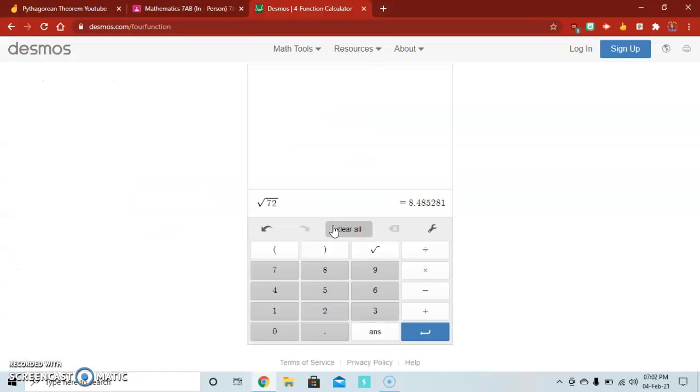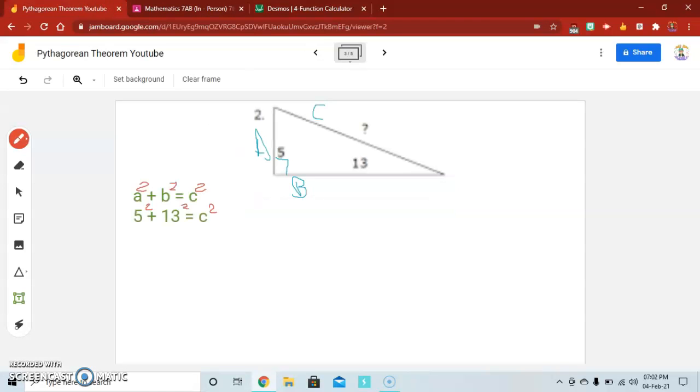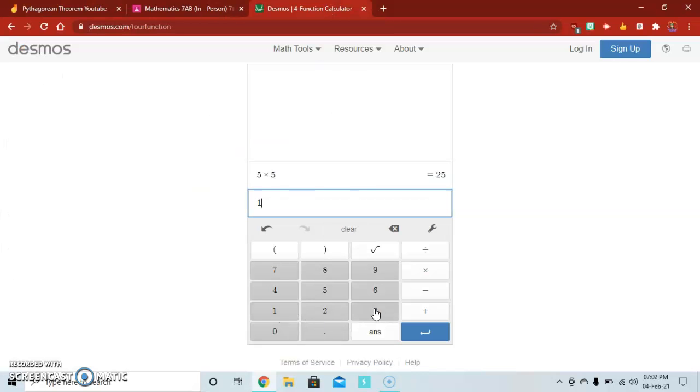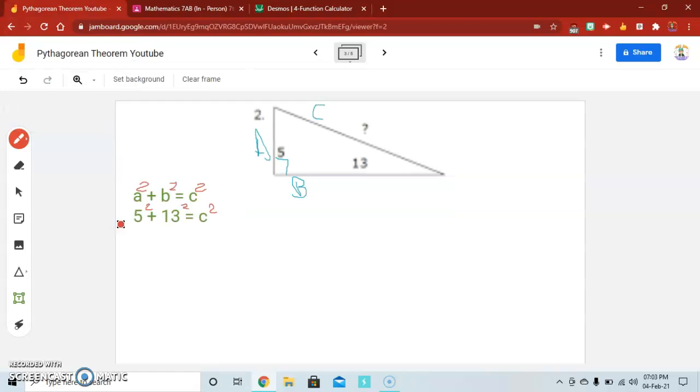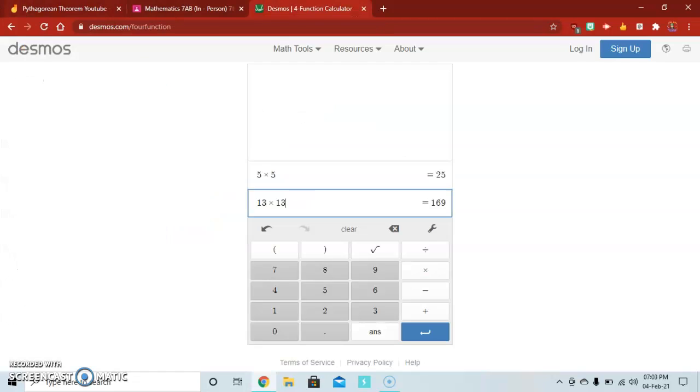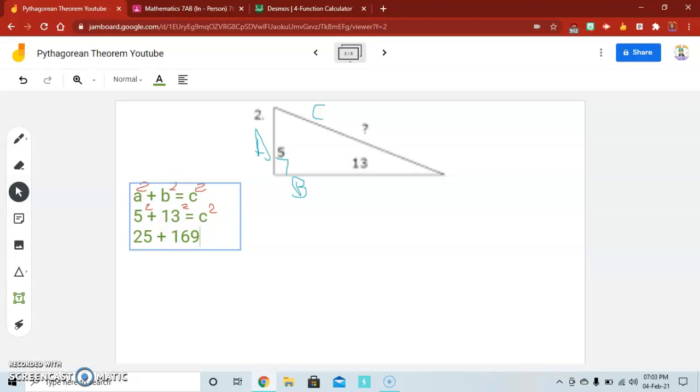So we're going to do the same on our calculator. 5 times 5, because the squared means to multiply the number by itself, is 25, and 13 times 13 is 169. So we're going to add 25 plus 169 equals C squared.